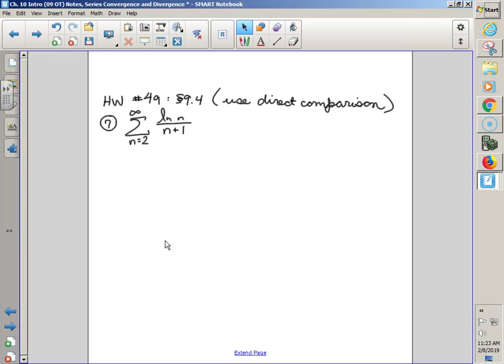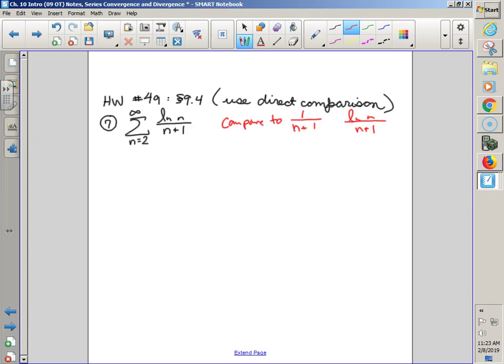But what test did I tell you to use? What would you compare to? 1 over n plus 1. Okay. So if we compare to that, what's the relationship between 1 over n plus 1 and ln of n over n plus 1?